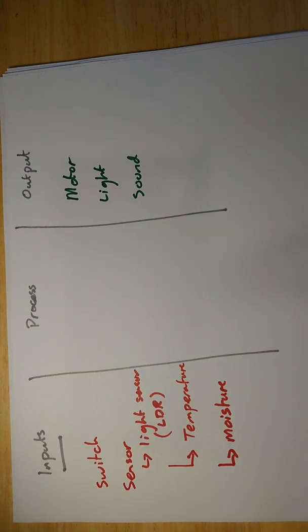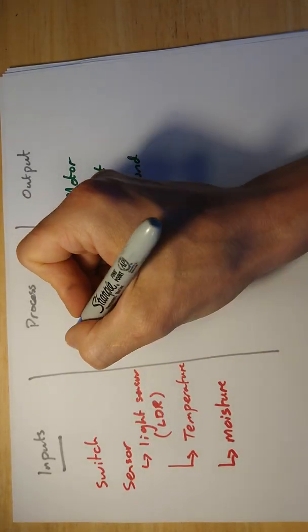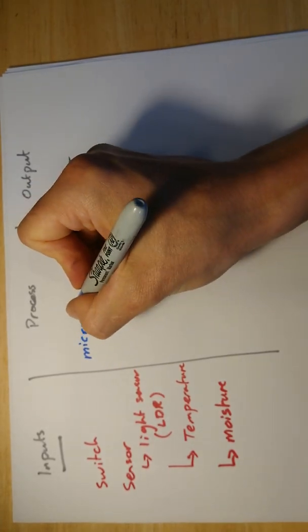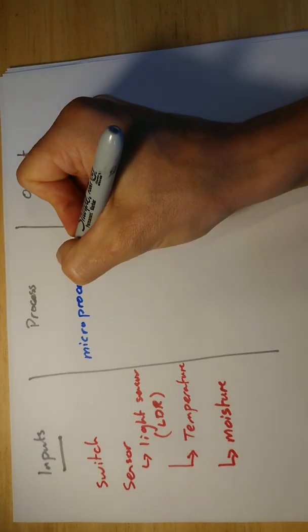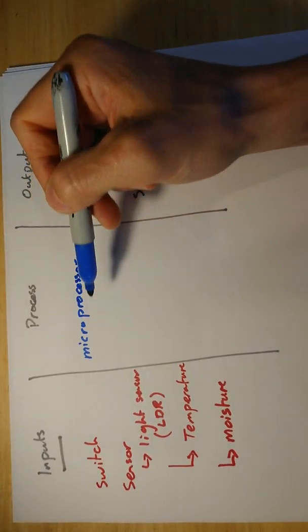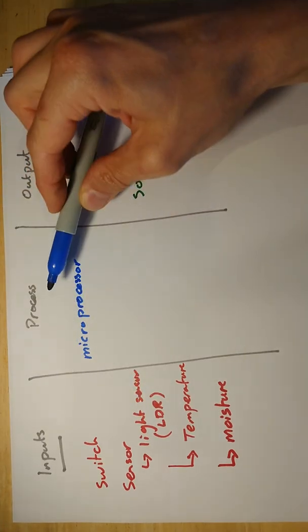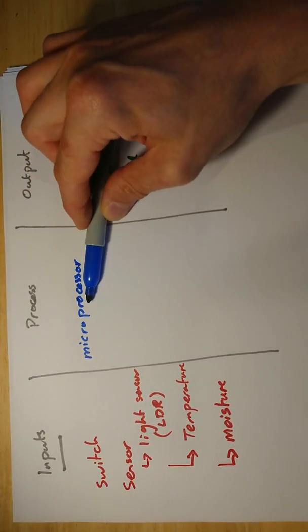In this category in the middle, I could split it into two things. I could have microprocessors. A microprocessor is like a small printed circuit board.